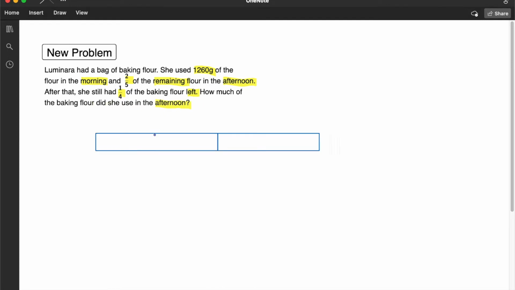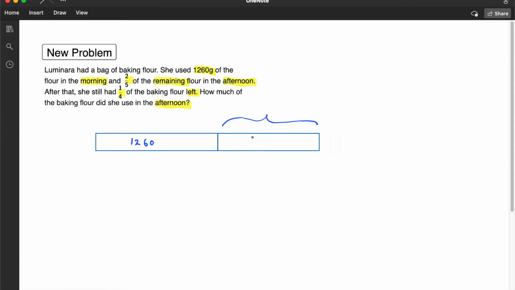So in the morning, she used 1260. Right, so this is the morning, 1260. And then after that she used 2/5 of the remaining flour in the afternoon. So this is the remaining part, and she's going to use 2/5 of it.